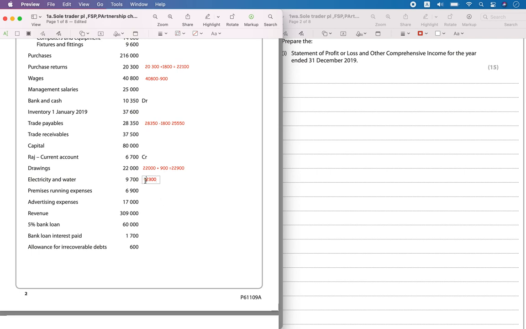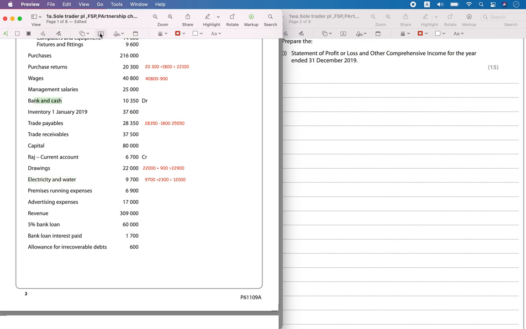For electricity and water, I will have to add 2,300. 9,700 plus 2,300 is going to be around 12,000. Yeah, just calculating, it's 12,000.